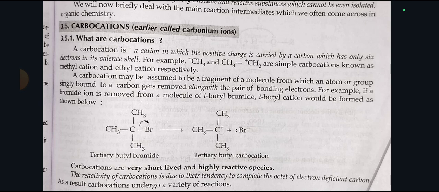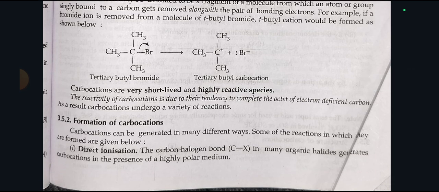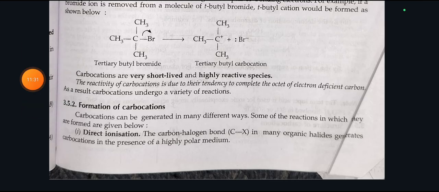(CH3)3C-Br gives (CH3)3C positive plus Br negative, the tertiary butyl carbocation. Carbocations are very short-lived and highly reactive species. The reactivity of carbocations is due to their tendency to complete the octet of the electron-deficient carbon. As a result, carbocations undergo a variety of reactions.